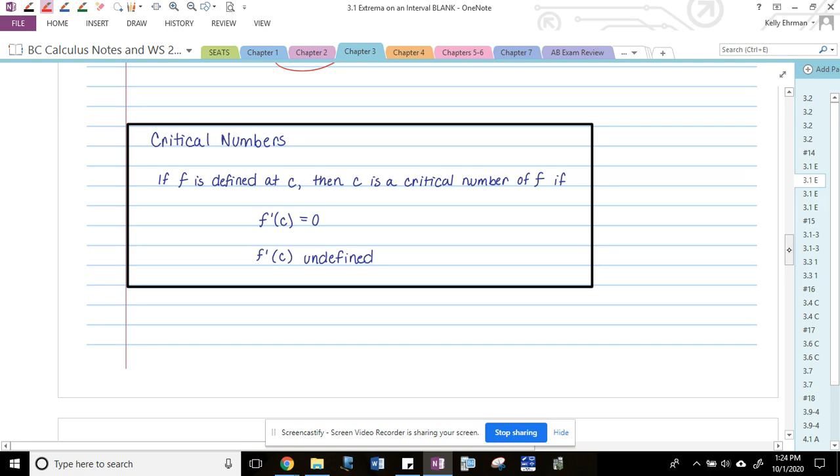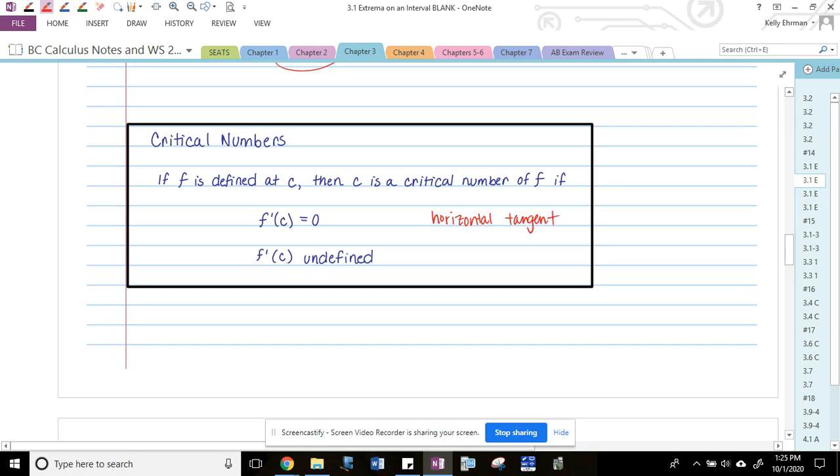Critical numbers. We just got done doing this in pre-calc. Remember in the beginning of the year when you did your inequalities, we had to find critical numbers and plot them on a number line. So here's where it actually applies to something. If f is defined at c, then c is a critical number if f prime of c equals 0. That would be what we just marked off on our picture: you have a horizontal tangent at c.